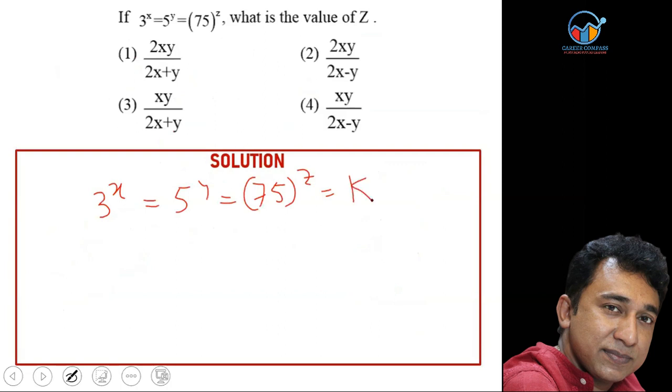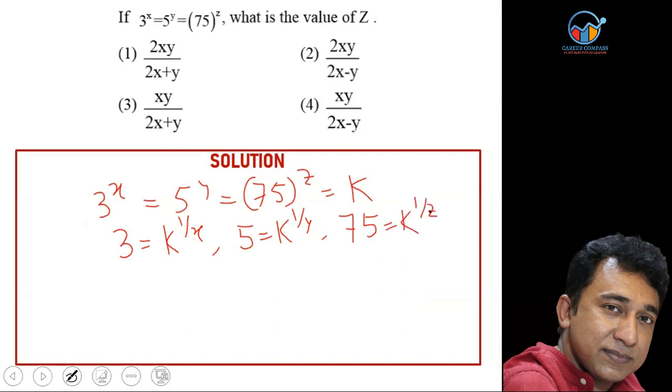So guys, for this kind of questions, you should equate these all expressions as a constant k. Then you can write 3 as k to the power 1 by x. You can write 5 as k to the power 1 by y, and you can write 75 as k to the power 1 by z, right?